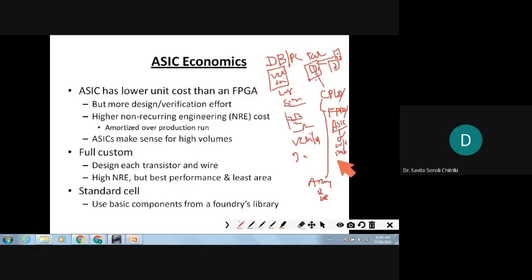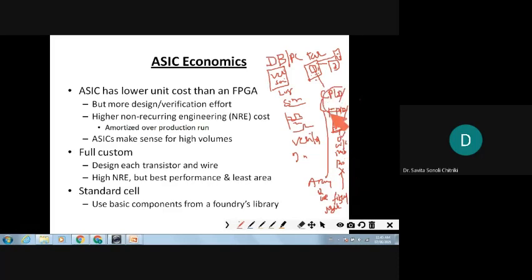Once the program is written, you are not going to change it, right? That means fixed code, fixed program for a dedicated application. Those are ASICs.